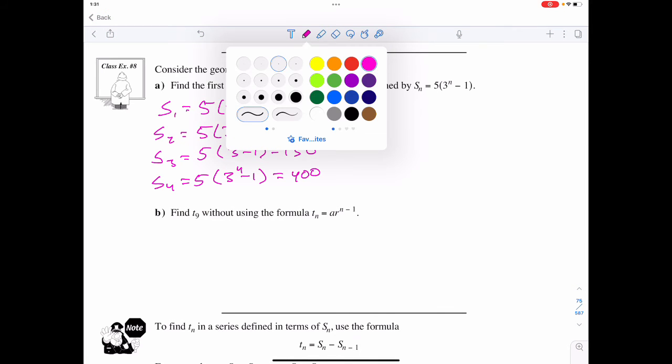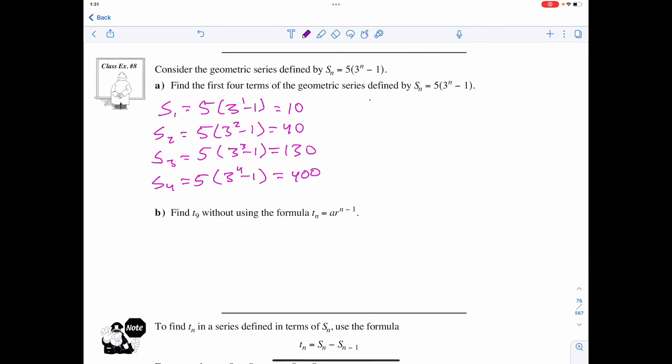We know from our arithmetic that S1 is equal to term 1, or alternately, term 1 would always be the same as S1, which in this case would just be 10. Term 2 is S2 minus S1, or 40 minus 10.